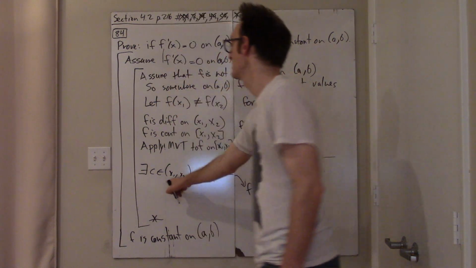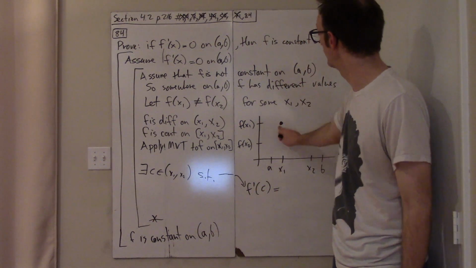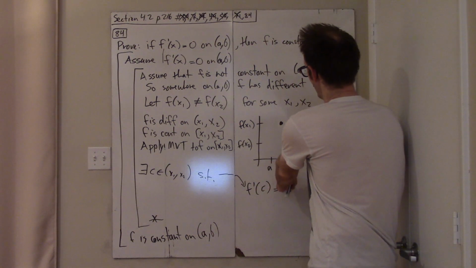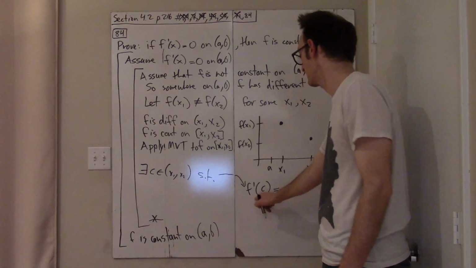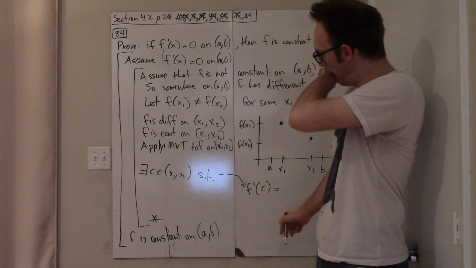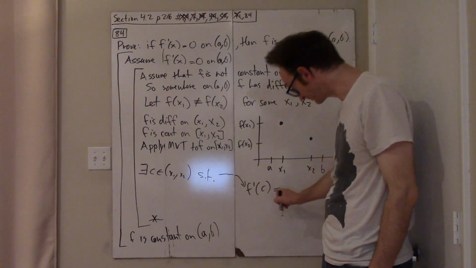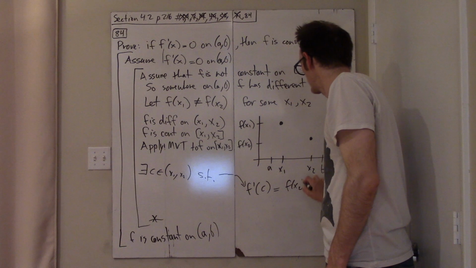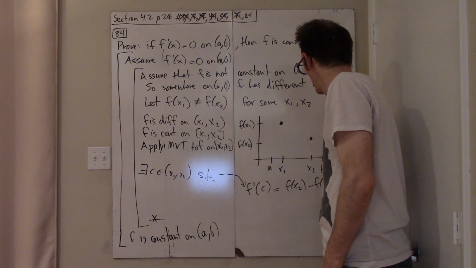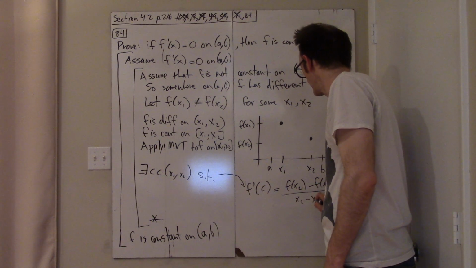I'm applying the mean value theorem to this interval from x1 to x2, where these are the 2 points where the function has different values. And there must be somewhere where the derivative at c is equal to the average rate of change, so that's f of x2 minus f of x1 over x2 minus x1.